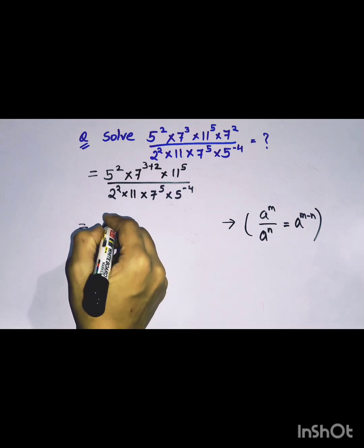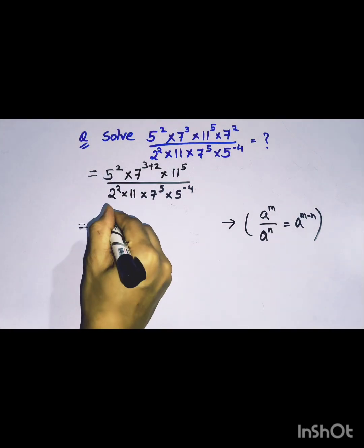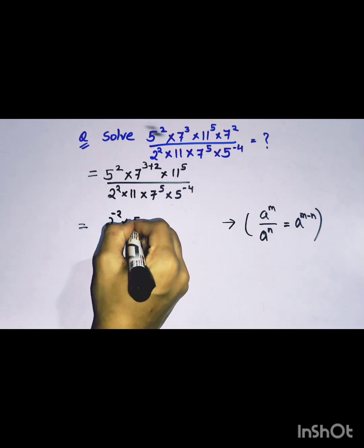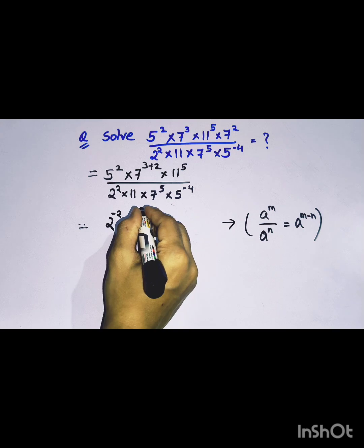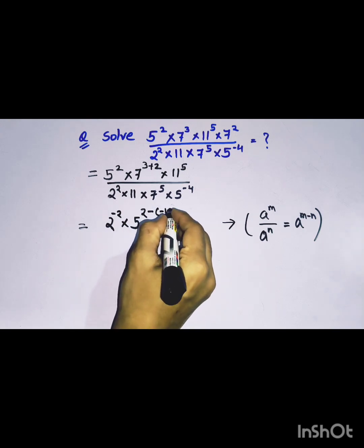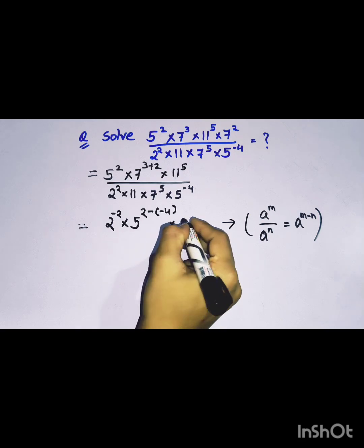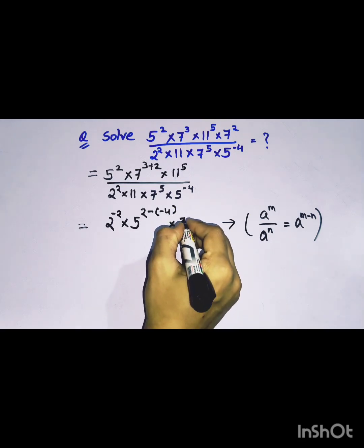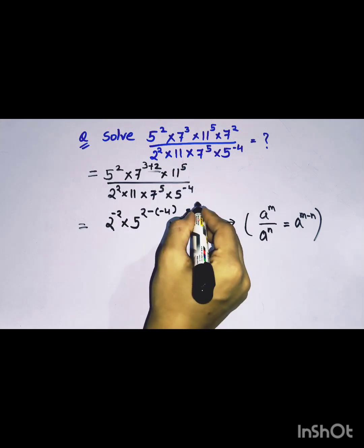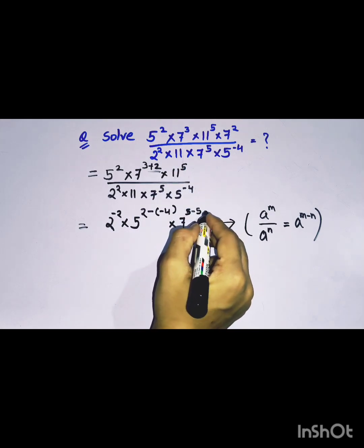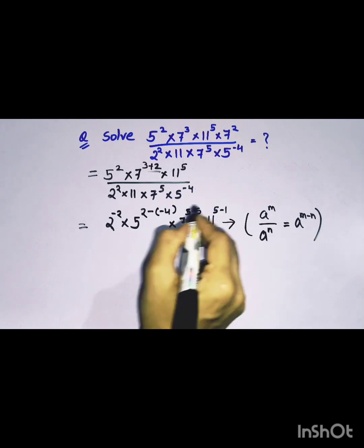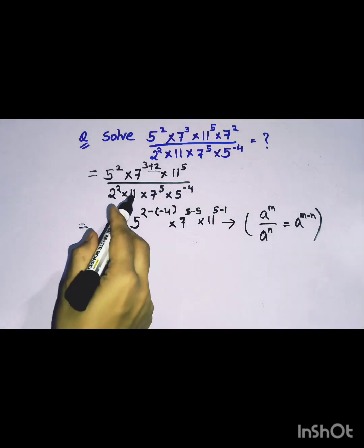So 2 to the power minus 2 into 5 to the power 2 minus 4 into 7 to the power 5 minus 5 into 11 to the power 5 minus 1. Okay, this is 1.